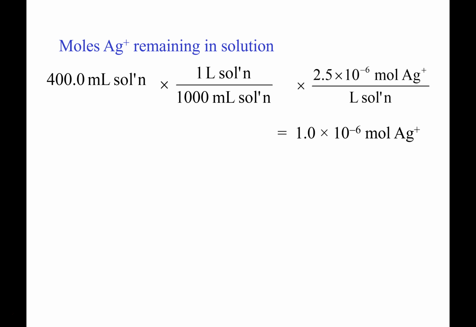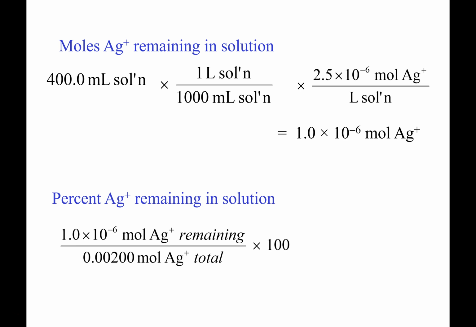And then I think I have one last little thing down here to say, well, what percent is that then? So here's what that looks like. So we had 1.0 times 10 to the negative 6th remaining dissolved.